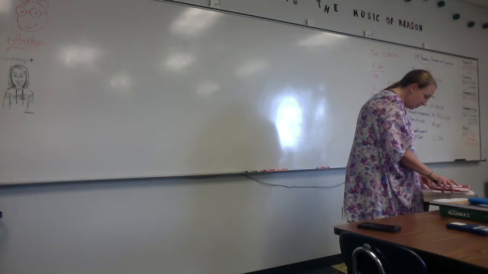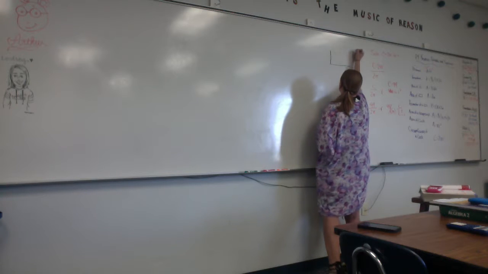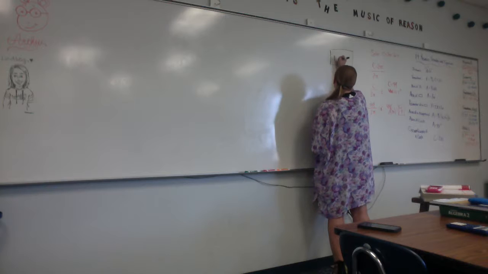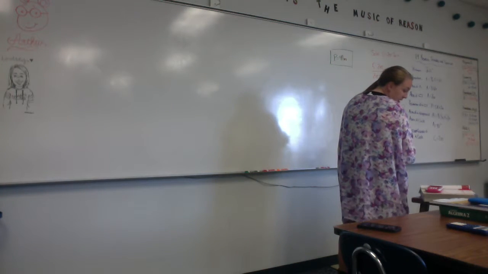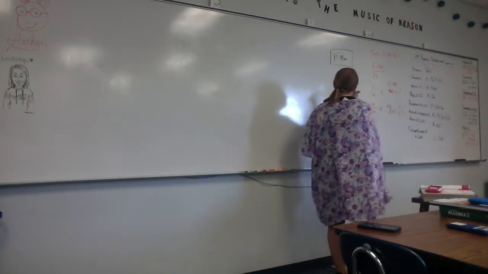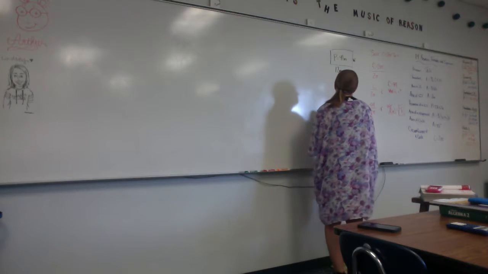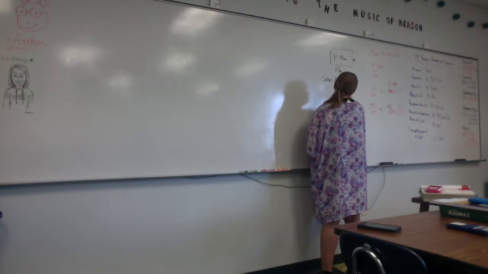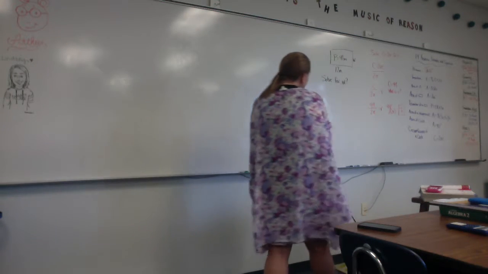Let's say I have this rectangle, and the rectangle is labeled inside P equals 41 meters. And the outside says 12 meters and W. And they say solve for W. How can I solve for W?